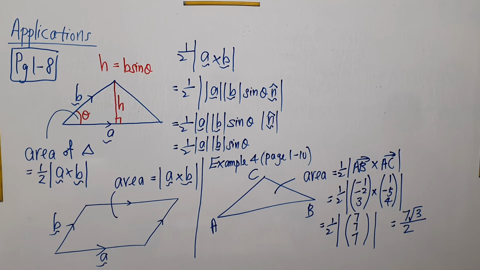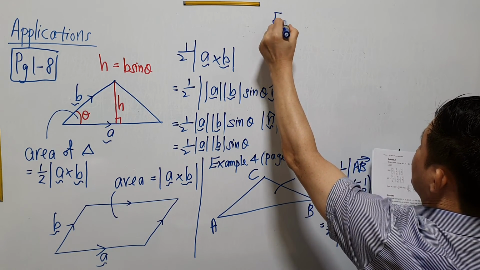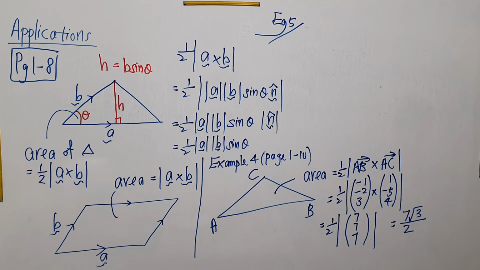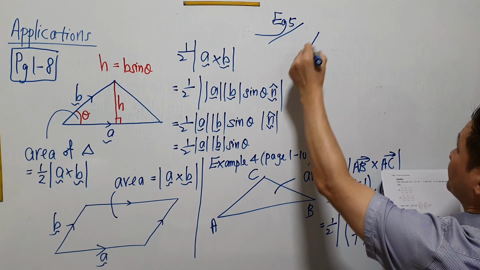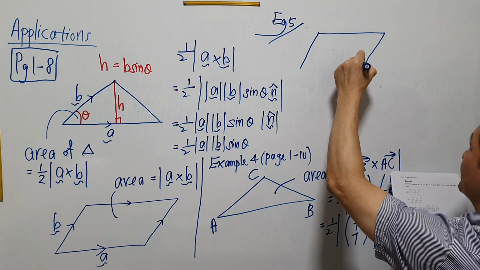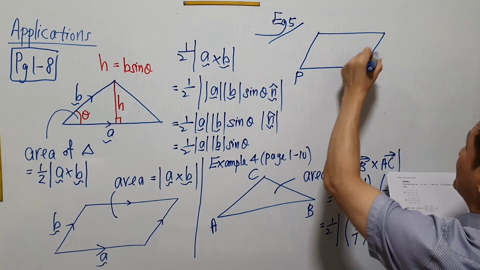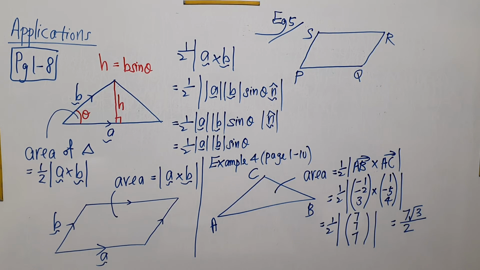Let's do example 5. Okay, look with me to example 5. In example 5, you are given 3 points P, Q, R, and then there's a 4th point S that forms a parallelogram. I hope my parallelogram looks good.